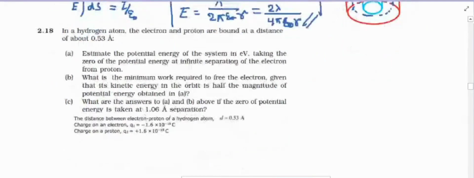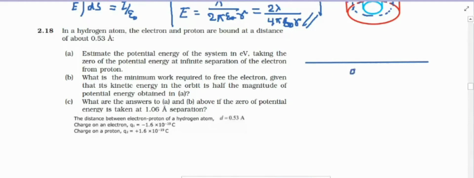Now, next question 18. In a hydrogen atom, the electron and proton are bound at a distance of 0.53 angstrom. 1 angstrom is 10 power minus 10 meter.